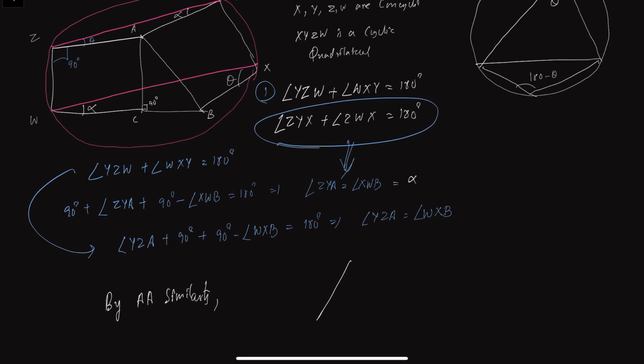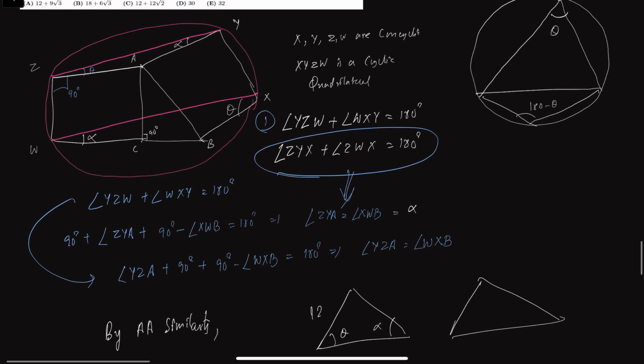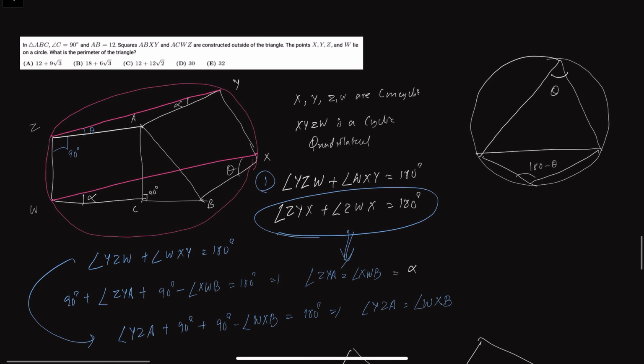So by AA similarity, these two triangles are similar. One triangle has theta and alpha. Opposite to alpha we have 12, because we were given AB as 12, so these all will be 12.